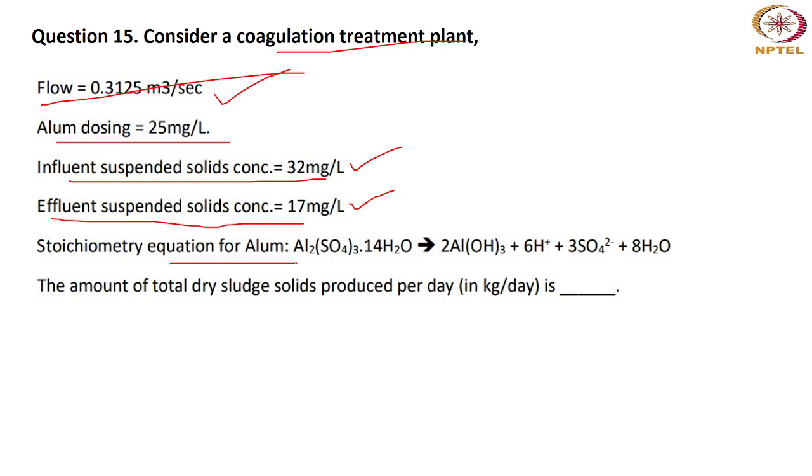Now the alum stoichiometry equation is given as this one. You have to calculate the amount of total dry sludge solids produced per day, in kg per day. That will be the unit.